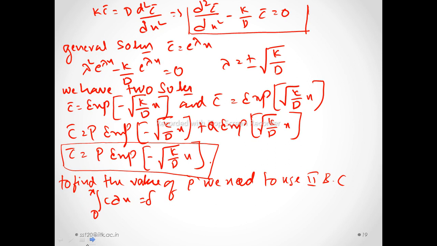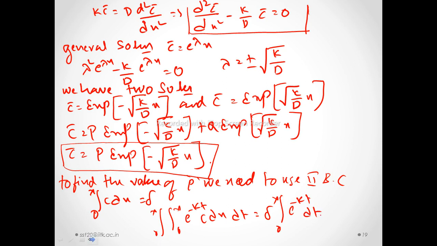So we have used the second boundary condition, and by integrating from 0 to infinity of e to the power of minus kt, c into dx into dt, equal to delta into the integration from 0 to infinity of e raised to kt into dt.